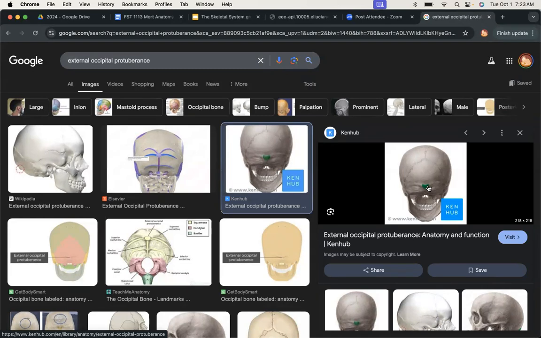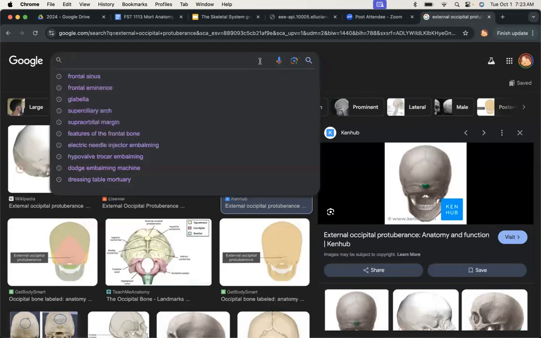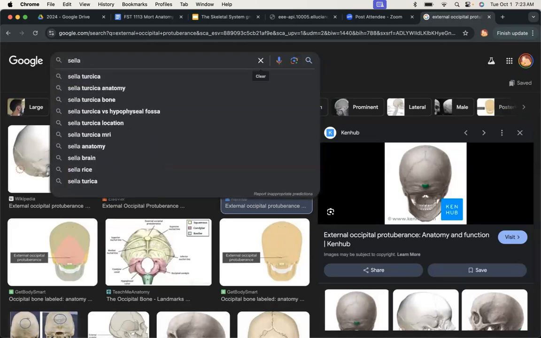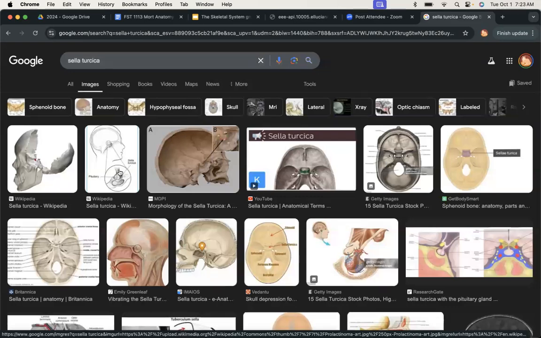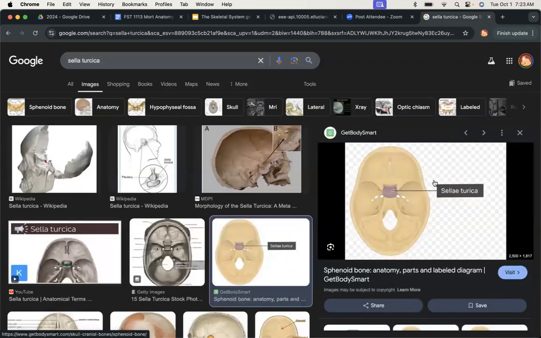All right. For the sphenoid bone, the features of the sphenoid bone include the sella turcica. This is going to house the pituitary.